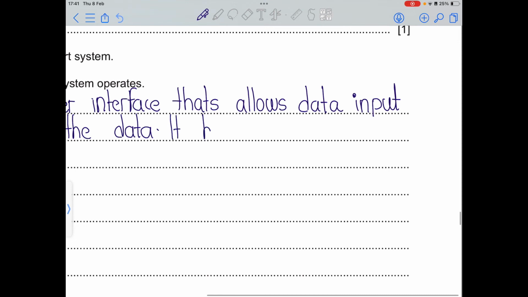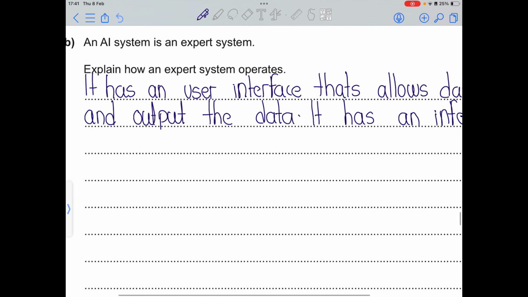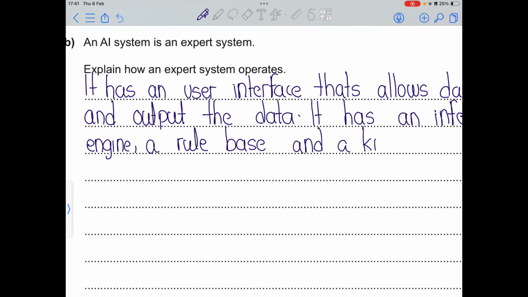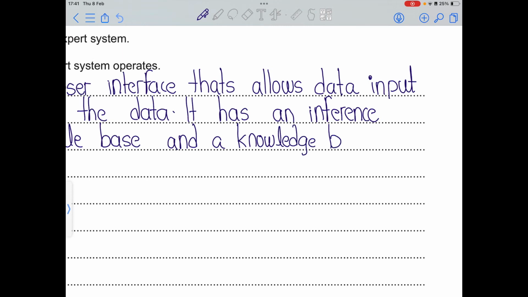It has an inference engine, a rule base, and a knowledge base.